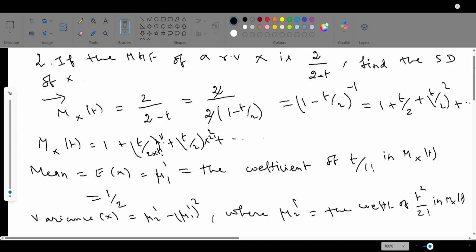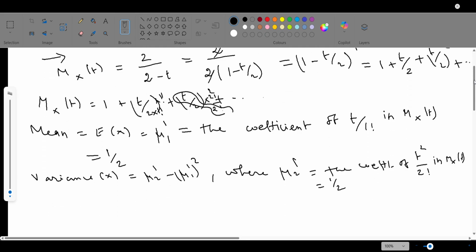So here we can multiply and divide by 2 factorial. When you leave t squared by 2 factorial, the remaining comes as 2 by 4. So again it comes as 1 by 2.